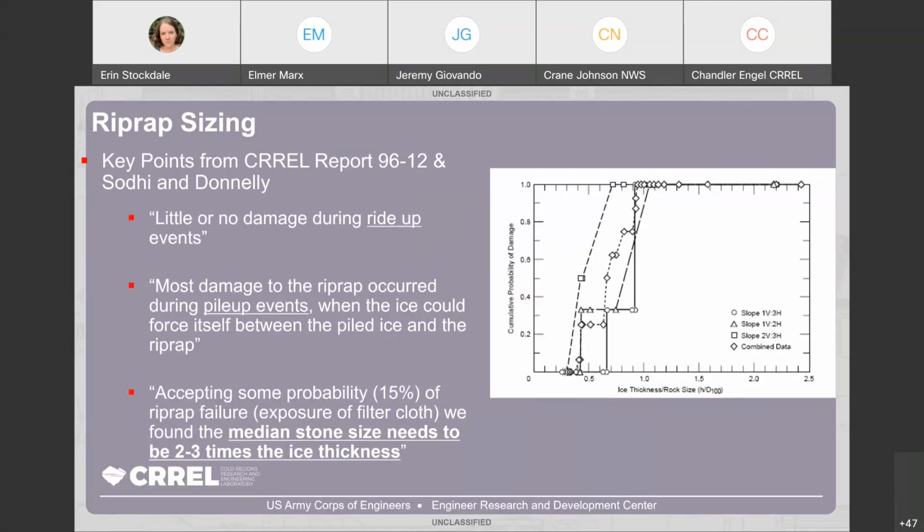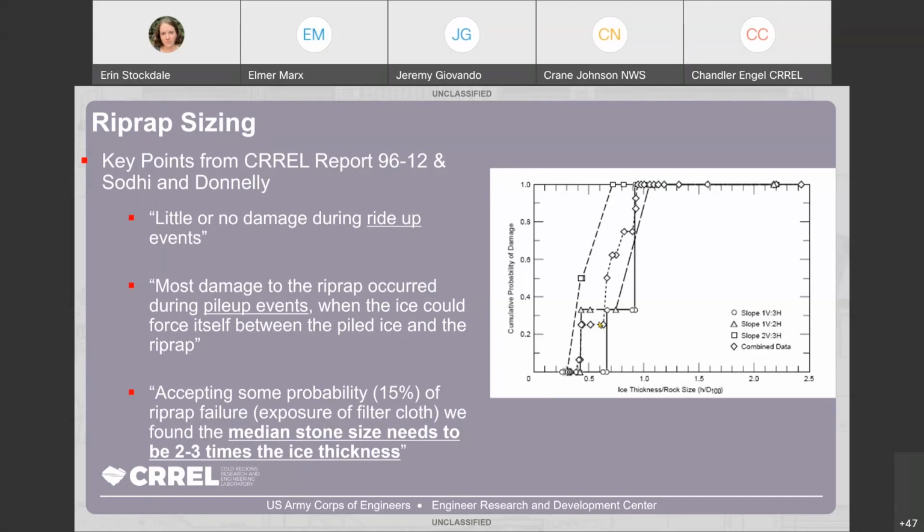And so if you want to accept a probability of failure of 15% for your riprap, what you would usually estimate is that the median stone size needs to be 2 to 3 times the ice thickness, which, if you start doing the math in your head, those are large stones. That's a large diameter, depending on where you're thinking about putting armoring.